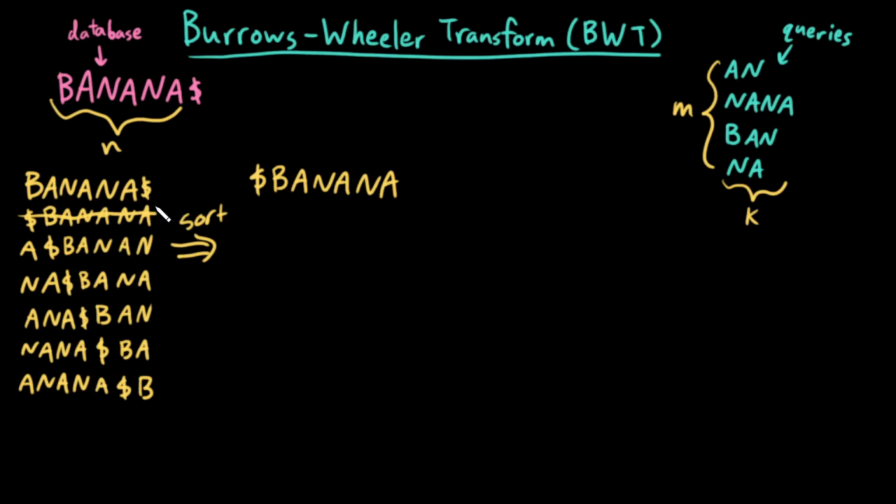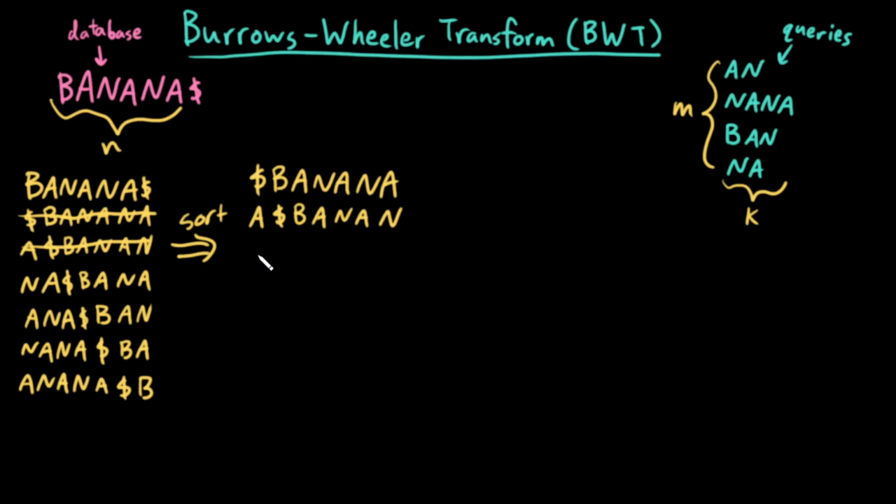Now next would be something that starts with an A. I have a$banan versus ana$ban versus anana$b. a$ is the smallest, so a$banan. Now I have ana$ versus anan.